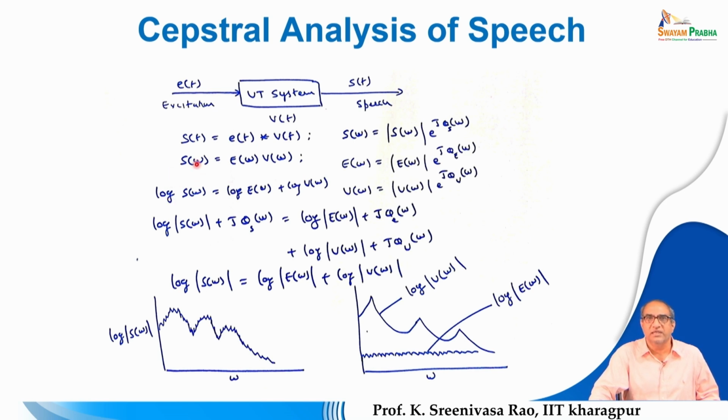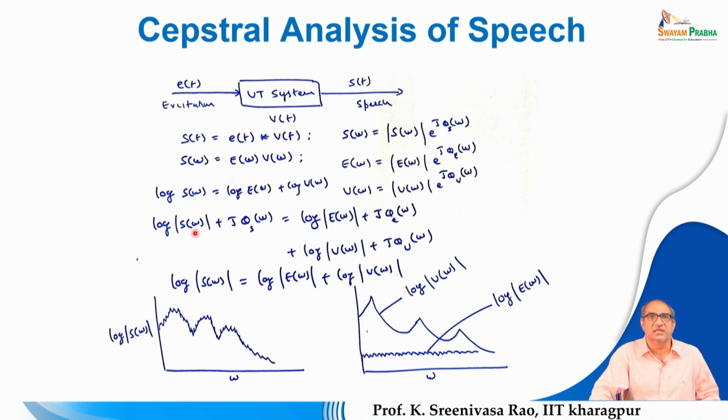S of omega, E of omega and V of omega each have a magnitude component, and corresponding phase components theta S, theta E and theta V of omega. In speech analysis we mainly consider the magnitude component because the phase component is difficult to handle due to the wrapping effect.